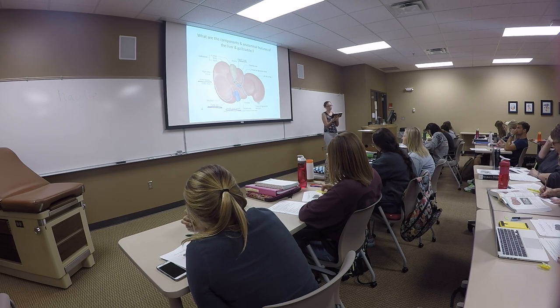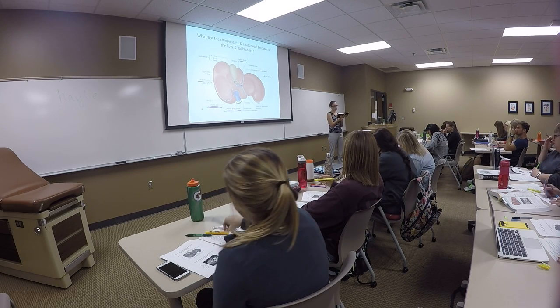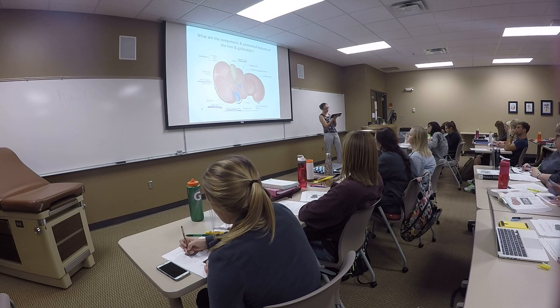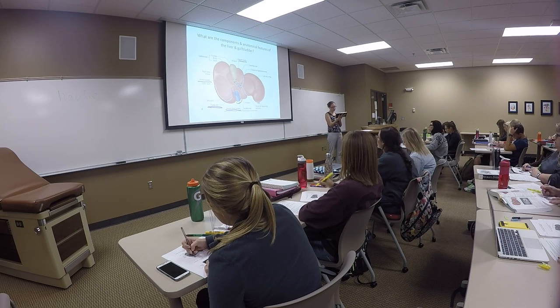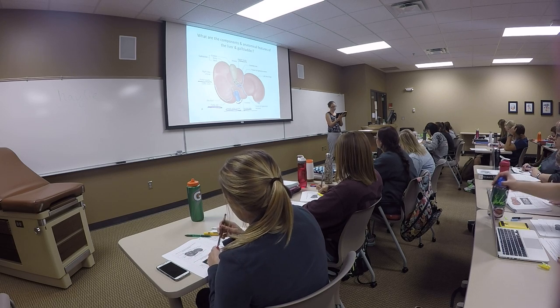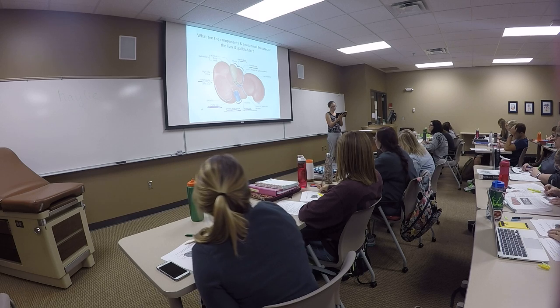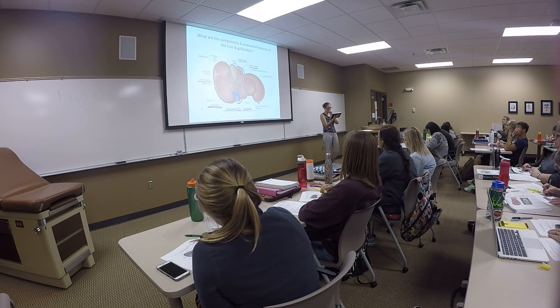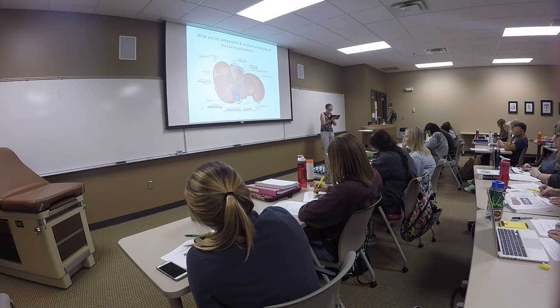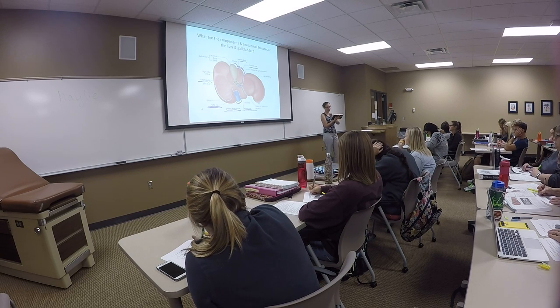There's a small lobe next to where the inferior vena cava comes by the liver. That's the caudate lobe. Okay. And then by the gallbladder, we have the quadrate lobe here, so this lobe right here. Let's see.